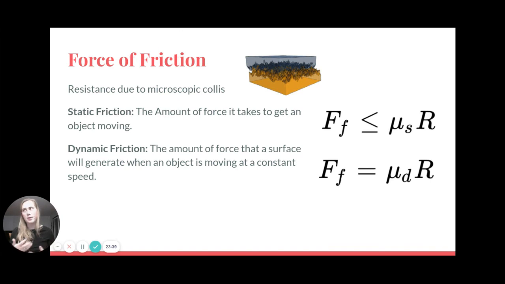And there are some typical measurements like paper against the table or metal on metal that scientists have made over the years. And so it's some sort of a ratio between the force and something called the reactive force or the normal reaction force, the kind of amount of force pushing into the surface.